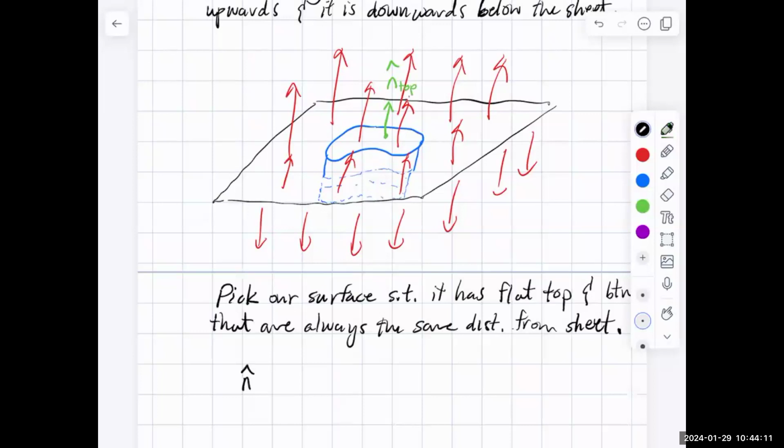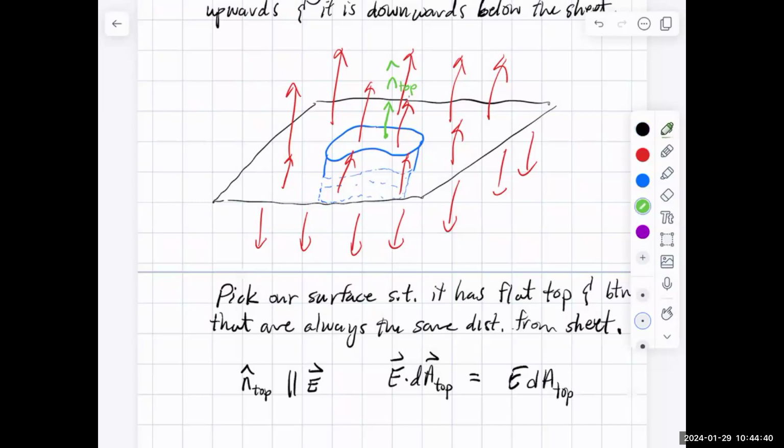So if we had something like E dot dA on the top part of our surface, well, they're parallel, so the dot product is going to give us a cosine of 0, but we've already written down a bunch of times that cosine of 0 is 1. And so this is going to be E dA top.